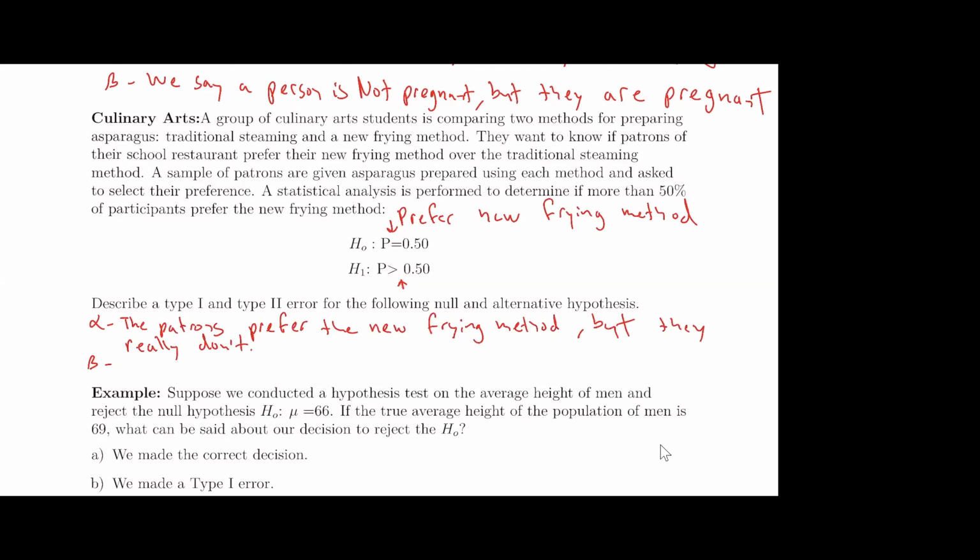So for a type 2 error, what would it be? Will we conclude the patrons prefer the new frying method, or that they don't prefer the new frying method? So say the patrons don't.